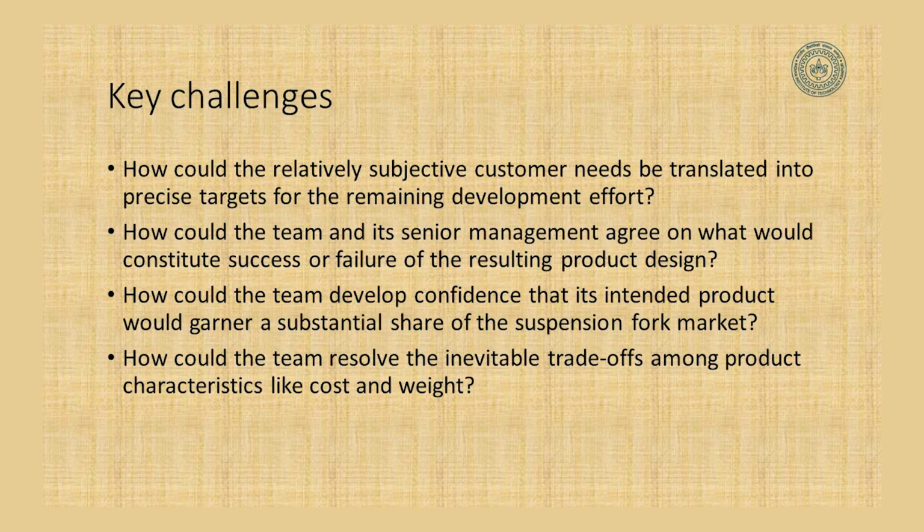How can you translate these needs into very precise targets for the remaining development effort? How can the team and the senior management agree on what would constitute success or failure of the resulting product design? How can you say whether the new suspension fork is actually a success or a failure? How can you determine that?